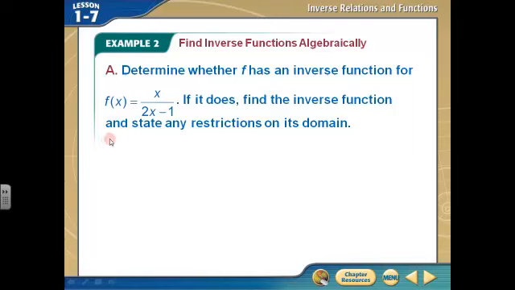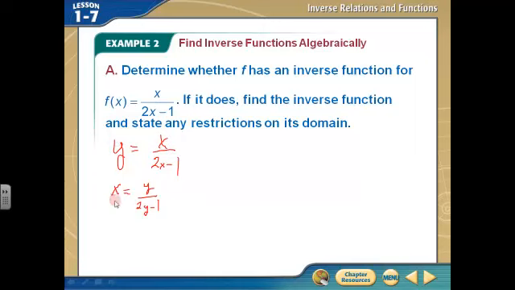They said to take f of x and change it to y. So I've got this. Now they said interchange x and y. So I'm going to take x and y and switch them around. Notice that the y took the place of both x's and the x took the place of y.